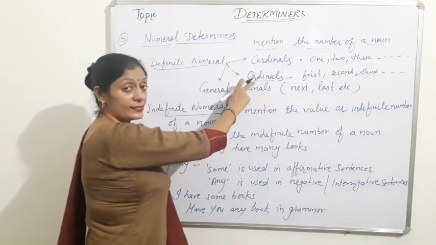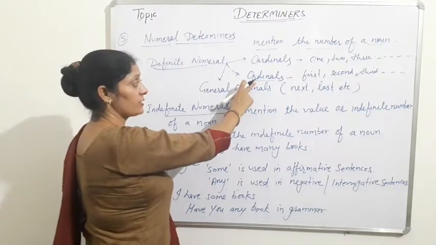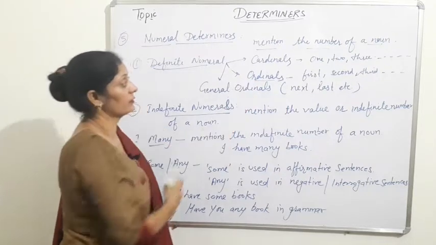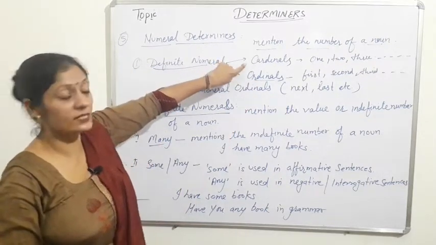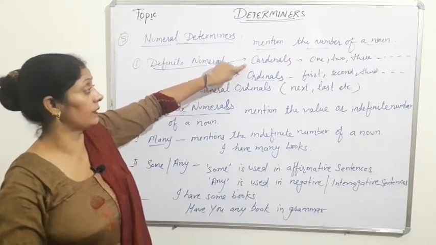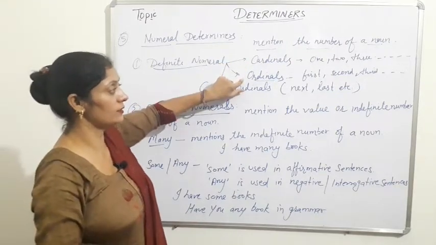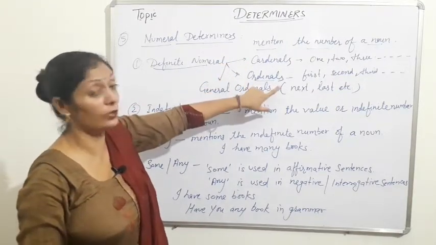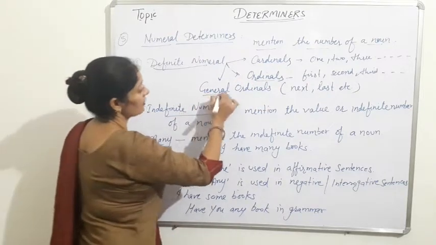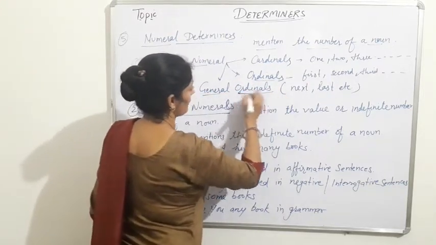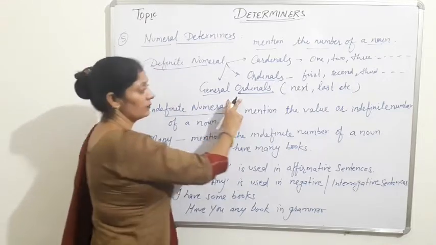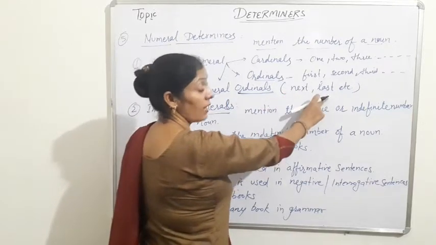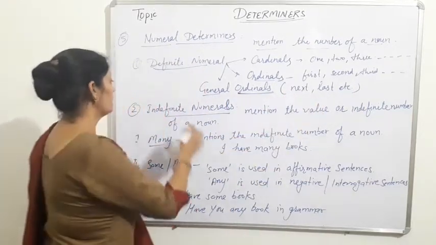Ordinal, it's clear from its name, tells us about order. Cardinal tells us about proper number, exact number. Ordinals tell us about order. And the third is general ordinals. These are also used. As we say, next, last, like this.